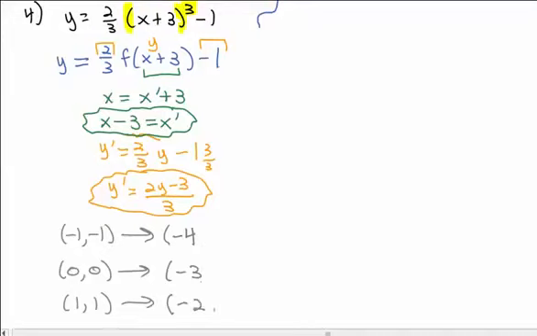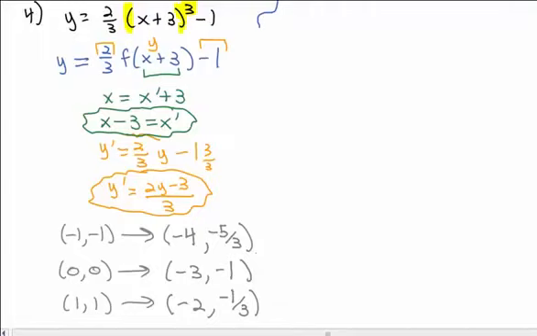And 1 minus 3 is -2. The y's, we're going to multiply by 2, subtract 3, and divide by 3 in that order. So -1 times 2 is -2 minus 3 is -5/3. 0 times 2 is 0 minus 3 is -3/3, which reduces to -1. 2 times 1 is 2 minus 3 is -1/3.